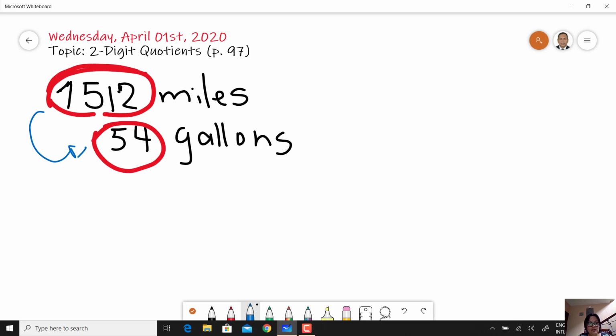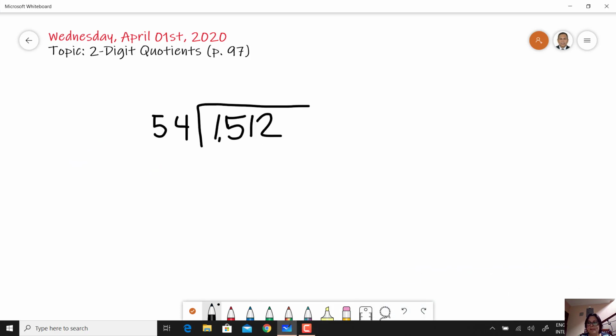So let's do that. So we have to divide 1,512 miles by 54 gallons. How many numbers do we have in the divisor? 2 numbers. So we are going to take 1 and 2 from here. But what happens? 15 is less than 54.